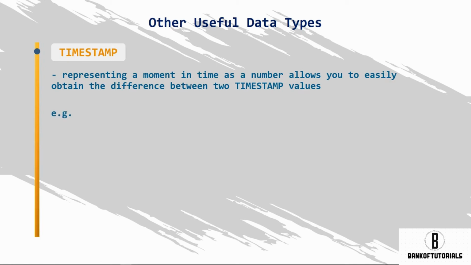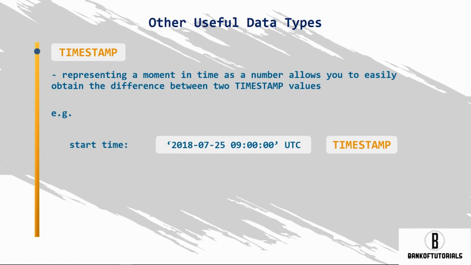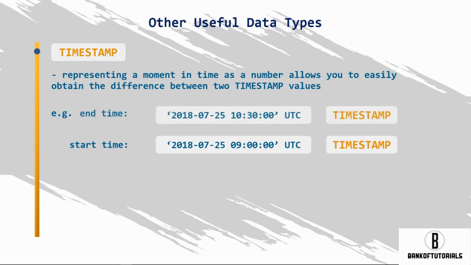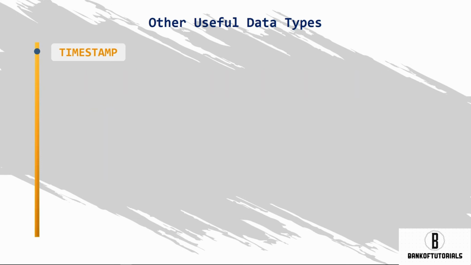So, for instance, if you know that the start time of an event is the 25th of July, 9 o'clock in the morning, and that the end time is the same day, 10:30, and if you have stored both moments in timestamp, you can subtract the first value out of the second value and obtain the duration of the event. 1.5 hours expressed as number of seconds, 5,400.